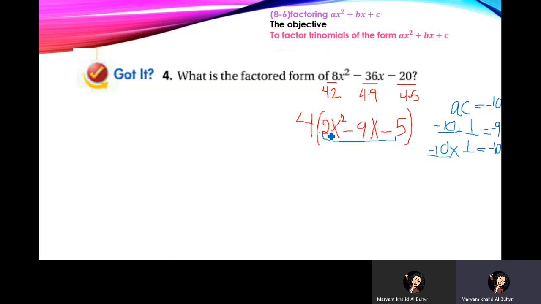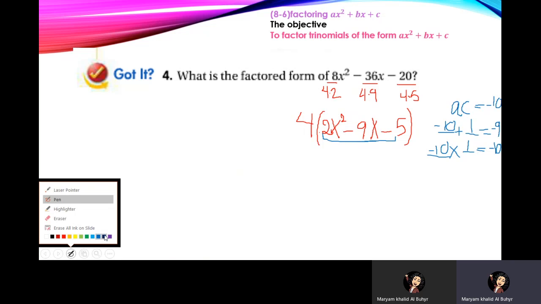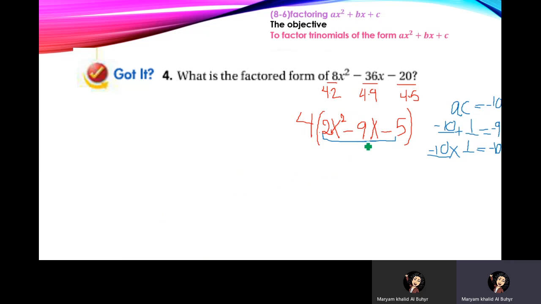All right, now let me factor what I have here for negative 9x. Once you try to factor this one, where should you put negative 10x and 1x? If I put 10x here, it will work with the 2. But for 1x, there is no common factor between 1x and 5. For this reason, I will write the opposite.